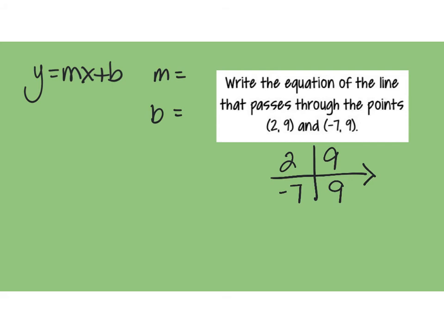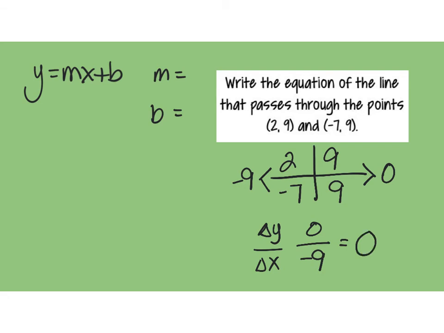So the change here is 0. And the change here is a minus 9. So we would have 0 over negative 9 if it's change in y over change in x. So in this case, our slope is 0.